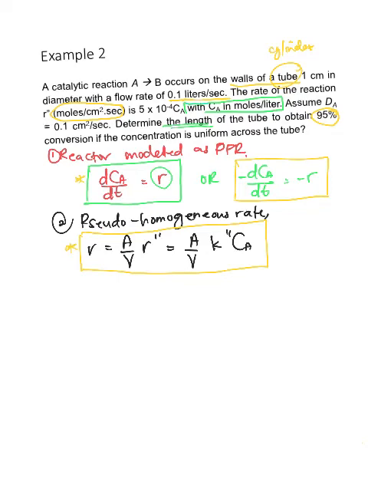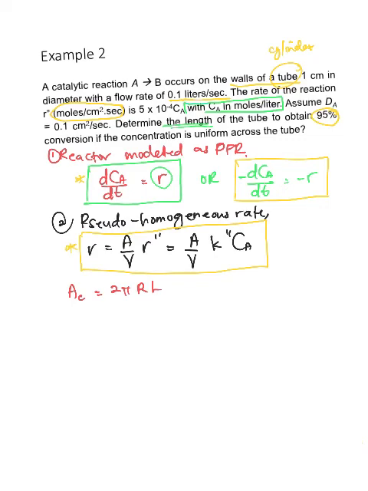Okay, so A, area of cylinder equal to 2 pi RL, the formula for the area of cylinder.